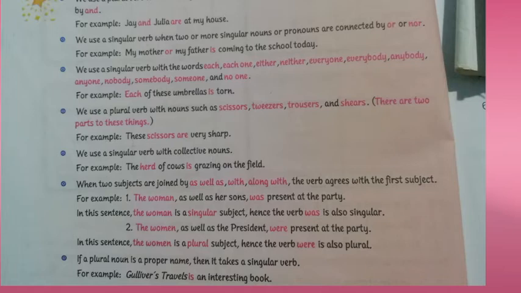Now we use a plural verb with nouns such as scissors, tweezers, trousers, and shears. There are two parts to these things.